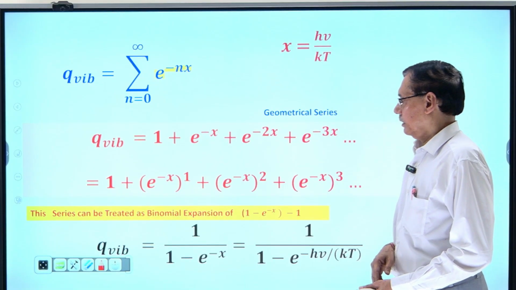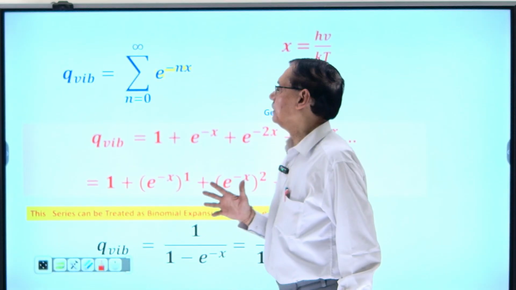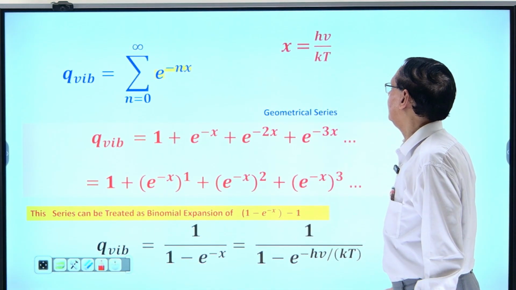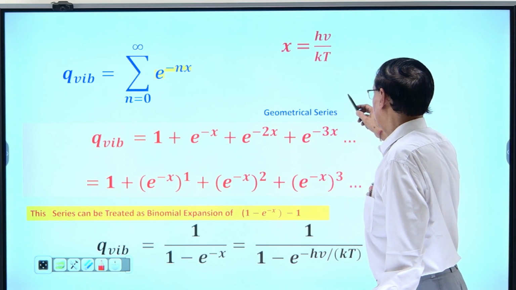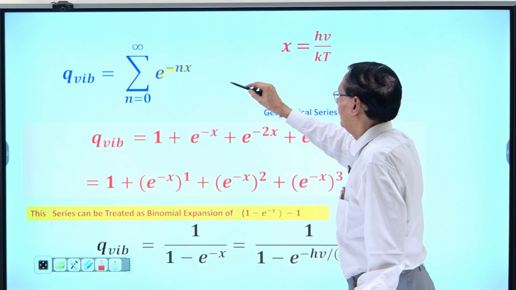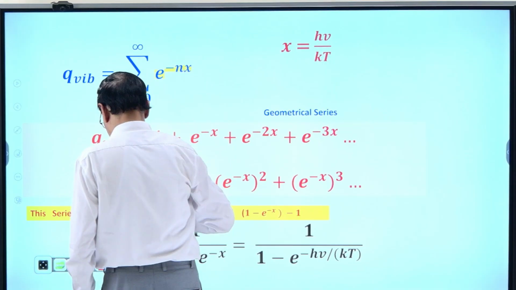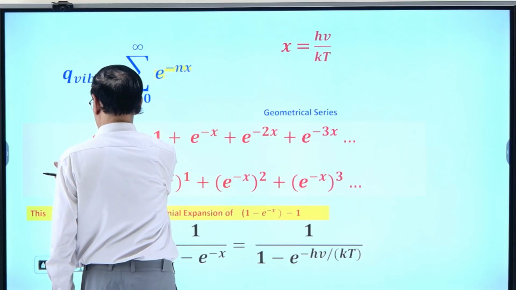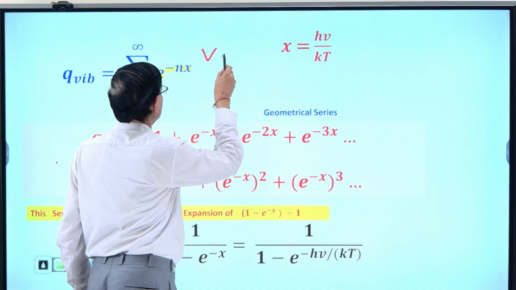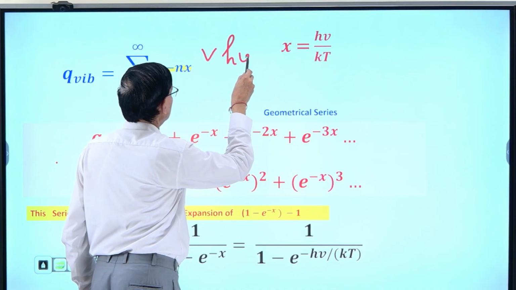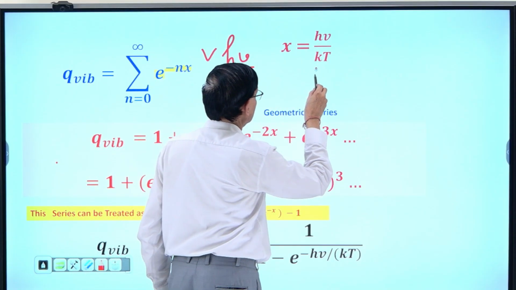It is not for mathematics students, it is for the biology students. How do I solve these things? In our first case we used this formula, with h nu over kT, where k is the Boltzmann constant.